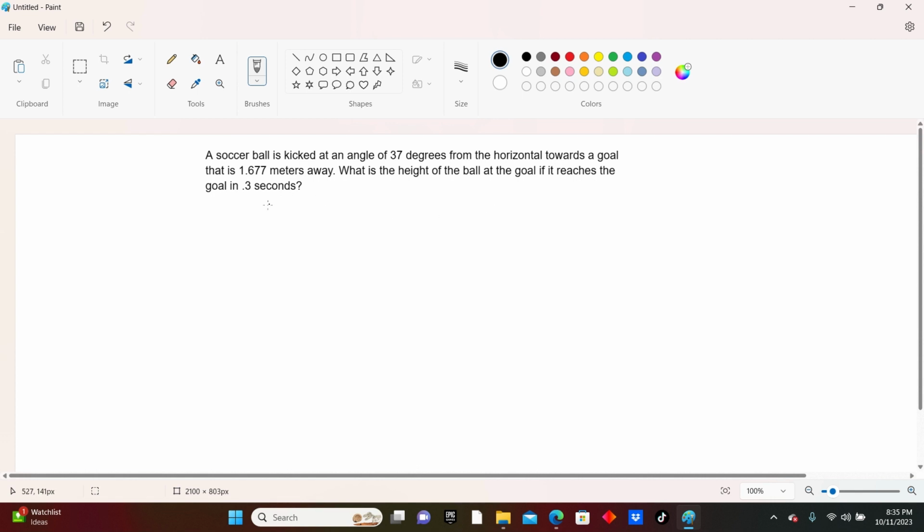Okay, so for this question, we don't know our velocity. All we know is that the x and y components can be represented based on the angle. So our velocity in the x direction is just v cosine 37, assuming that v is the velocity it's launched with, and vy, our velocity in the y direction, is v sine 37.